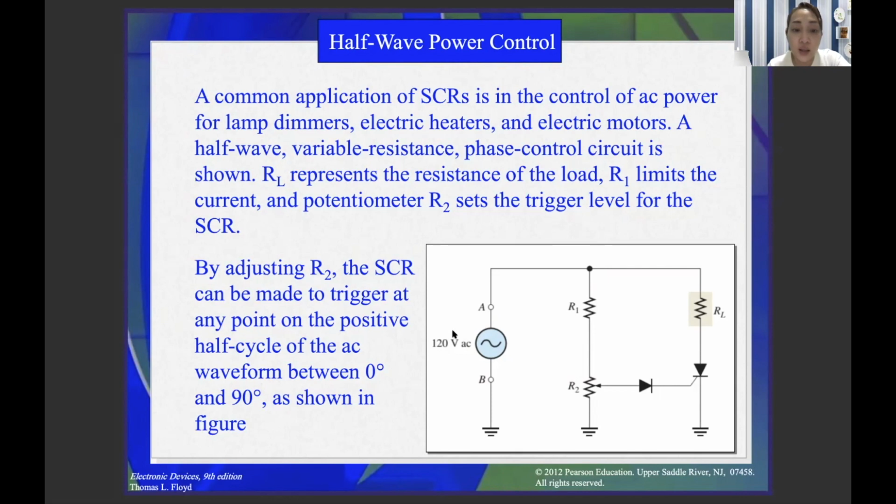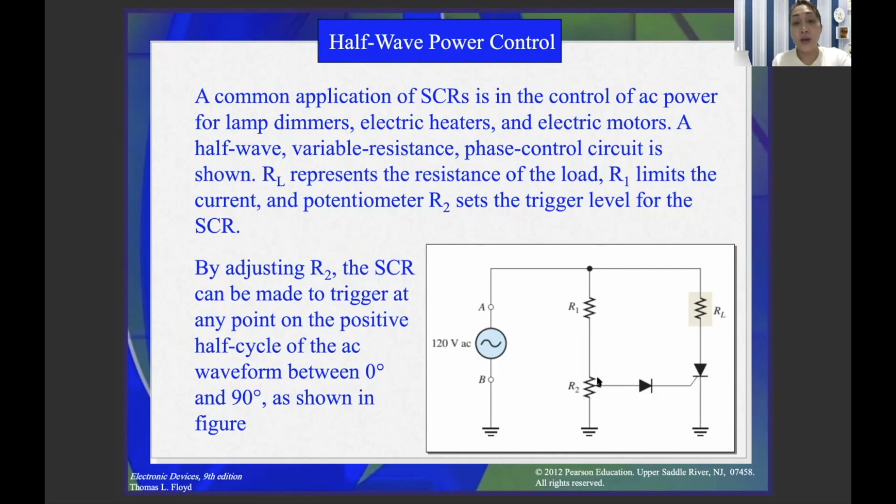R1 limits the current, and the potentiometer R2 sets the trigger level of the SCR. As you can see here, we have a diode as our triggering element. By adjusting R2, the SCR can be made to trigger at any point of the positive cycle of the AC, performing between 0 to 90 degrees as shown in the figure.